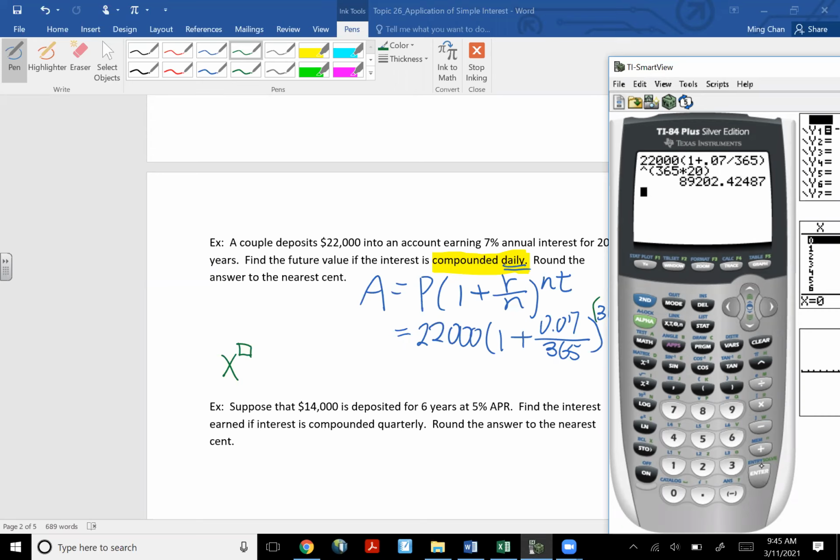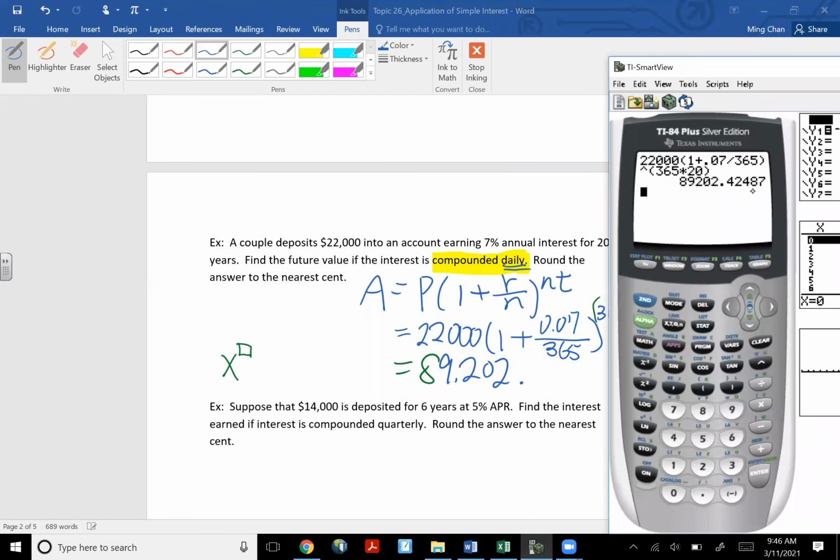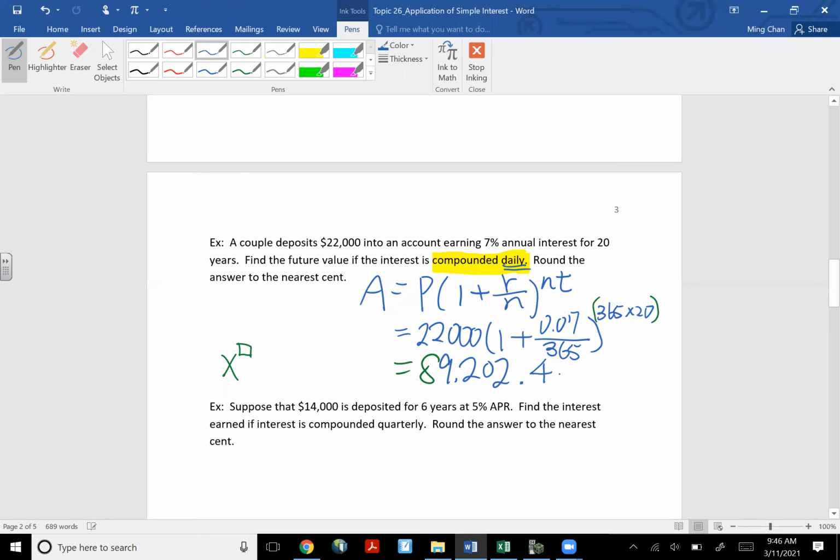And my answer, after 20 years, this account will grow into $89,202 and 42 cents.